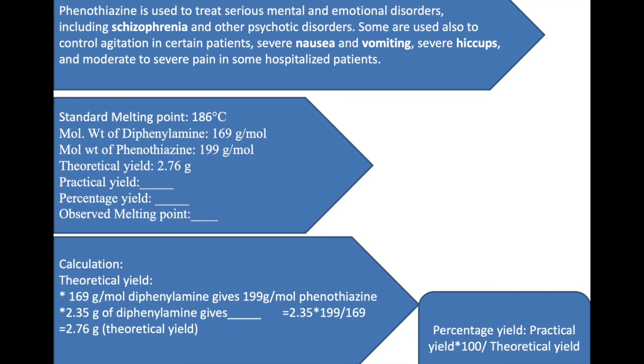After this calculation, we also have to measure the melting point of the product which we synthesized. It should be closest to our standard melting point. If it deviates, it shows that there is a presence of impurity in that product, or a presence of the solvents and reagents which we used in the reaction, or the reaction might not have completed.